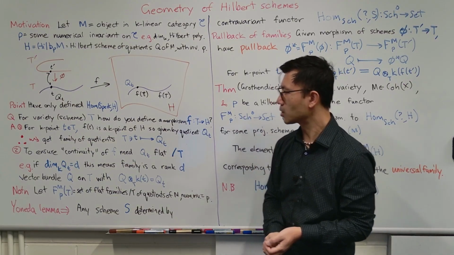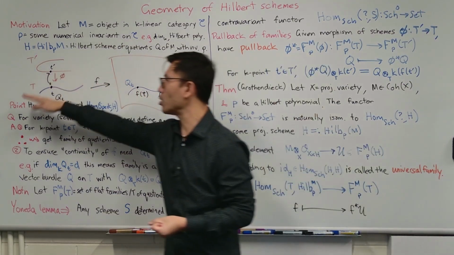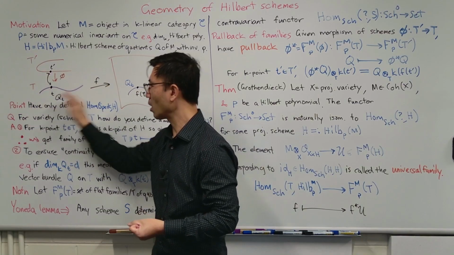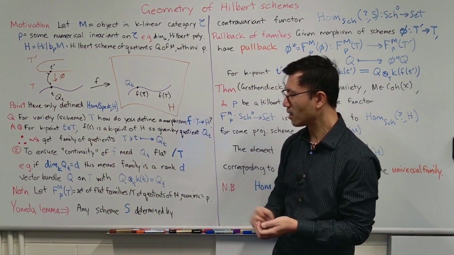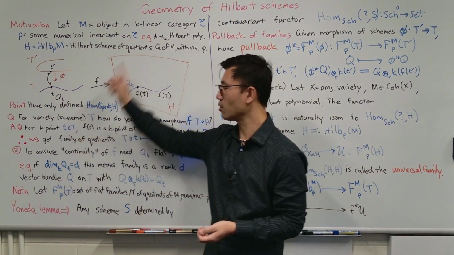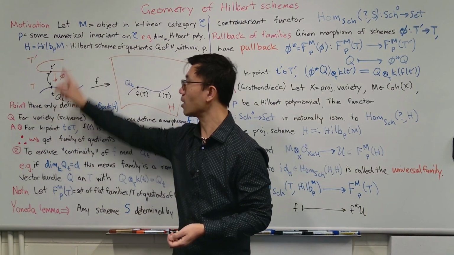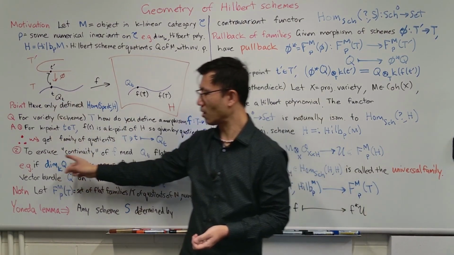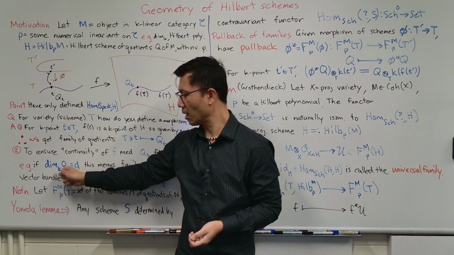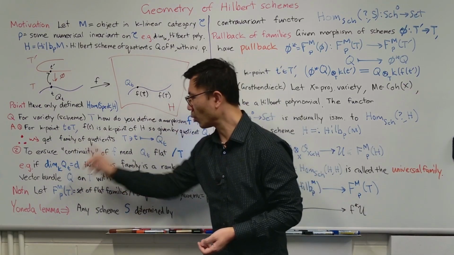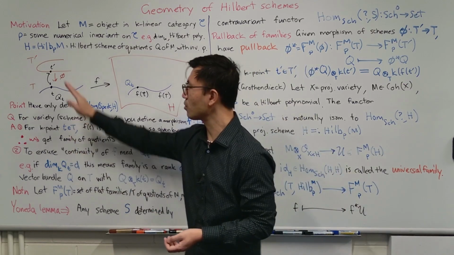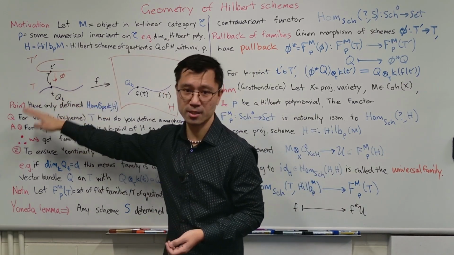Okay, so let's just have a look at this. So you've got all these quotients that vary along this T. That's a family of quotients. So what does flatness mean in the very, very special case where the numerical invariant, this P, is such that, for example, it says that the k dimension of this QT is equal to D? So what does that mean? So this means that each of these quotients for every single point is a d-dimensional vector space.